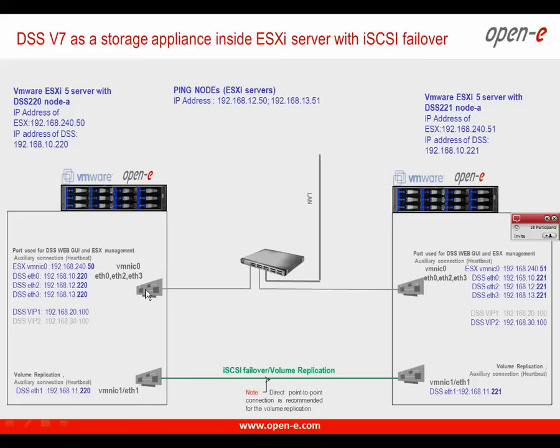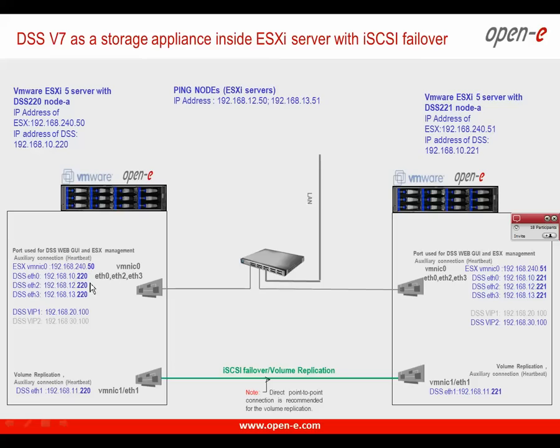Okay, so that's our setup, and the DSS has 192.168.10, 11, 12 and 13.220, and we will have 10, 11, 12 and 13.221. And we also have so-called virtual IPs.